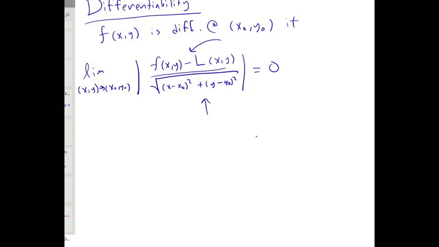And this is just the magnitude of the change in x and y. This is the square root of delta x squared plus delta y squared. This is just the magnitude of the change in your position, r, if you want to call it that, but that's unimportant. So this is also known as the error, and the error is vanishing.